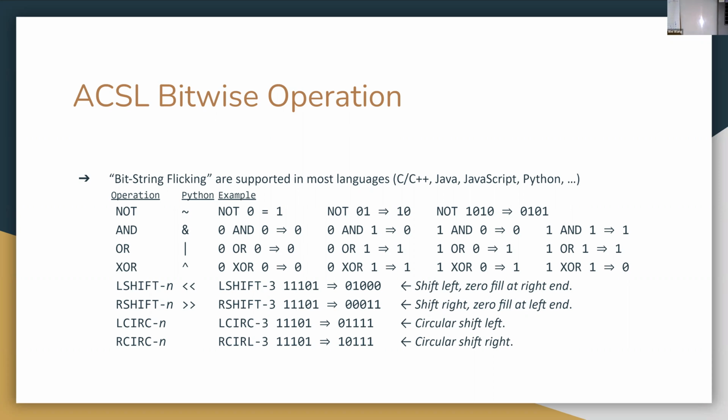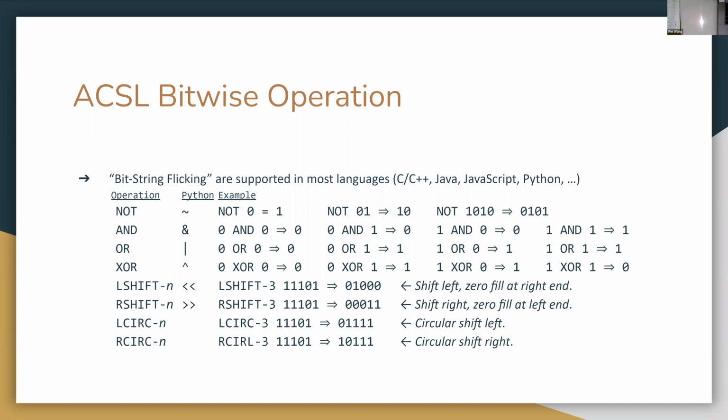Then shifts. L shift is left shift. Left shift means shifting that way, and R shift is shifting this way. When they write these operators in these problems, they'll write L shift dash n, where n is how many bits to shift.